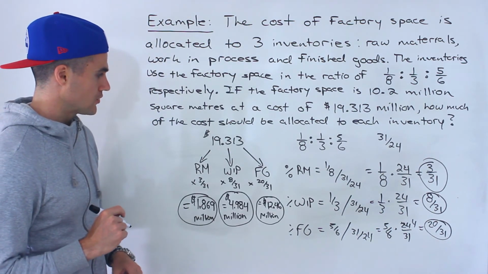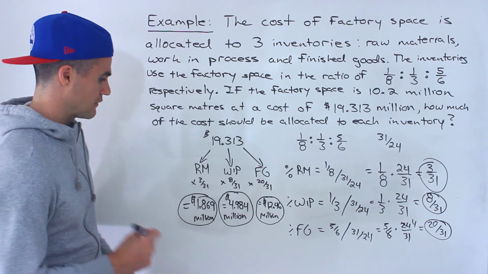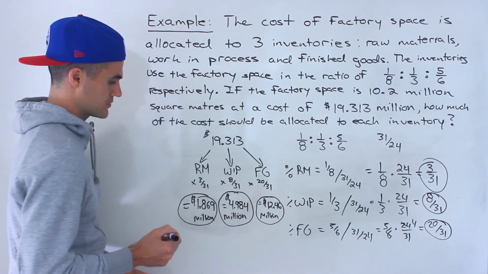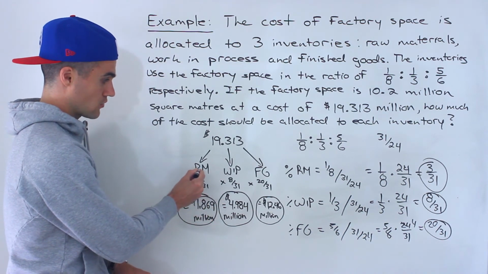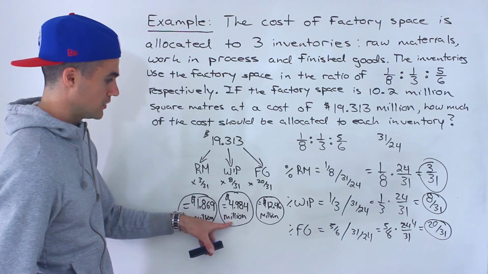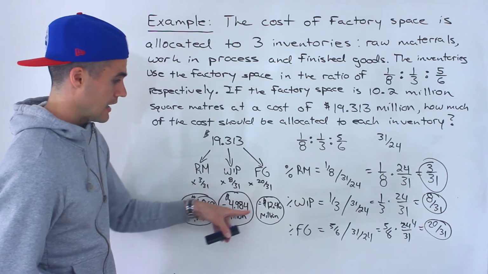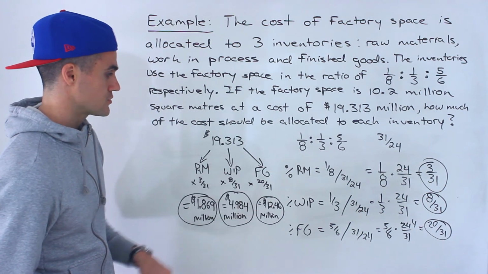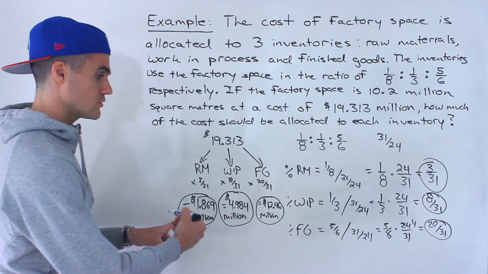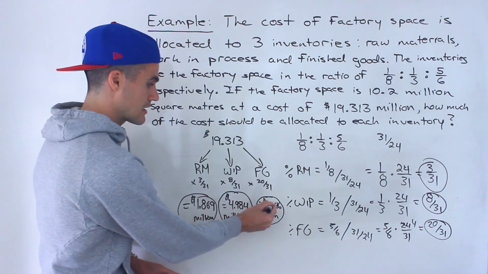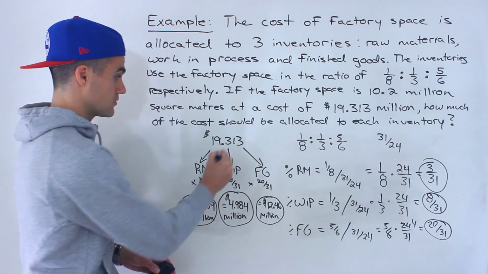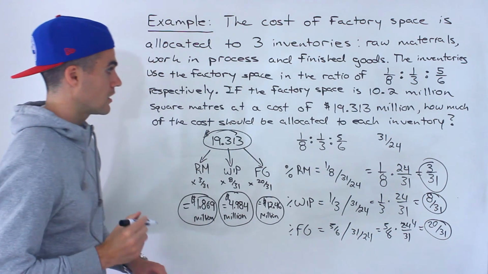When you do that in your calculator, you get these respective amounts. $1.869 million gets allocated to raw materials, $4.984 million goes to work in process, and $12.46 million goes to finished goods. You can also do a final check: add these up, and they should add up to that total cost.